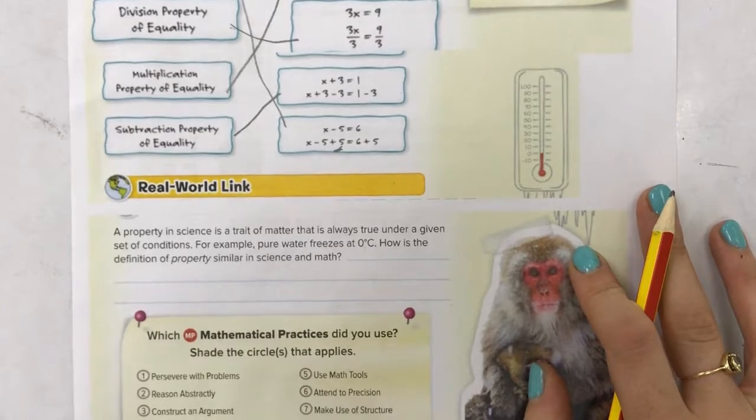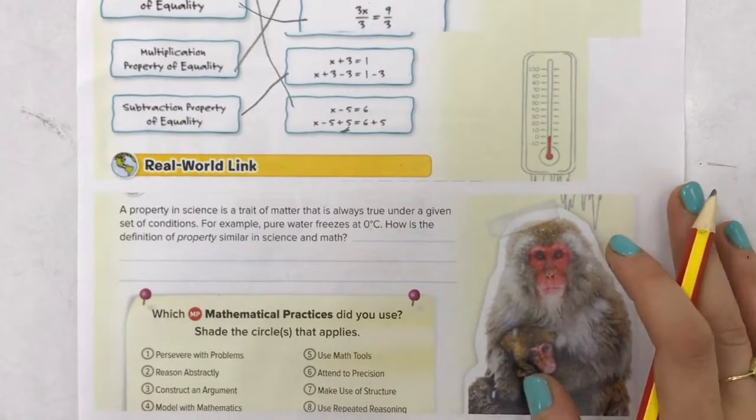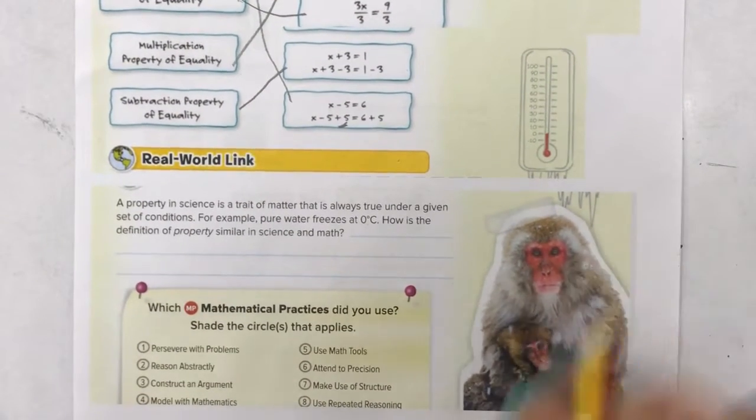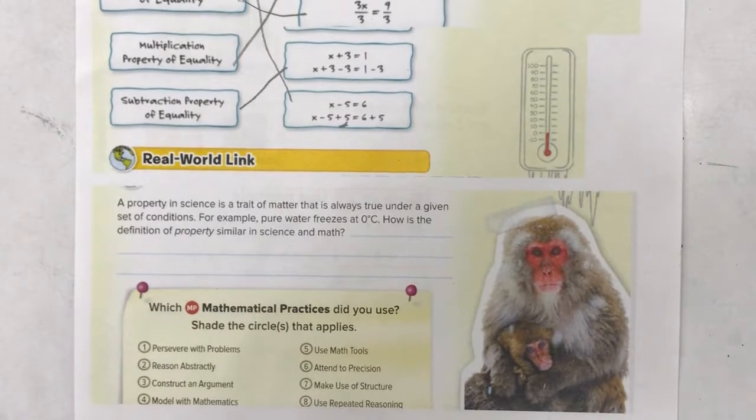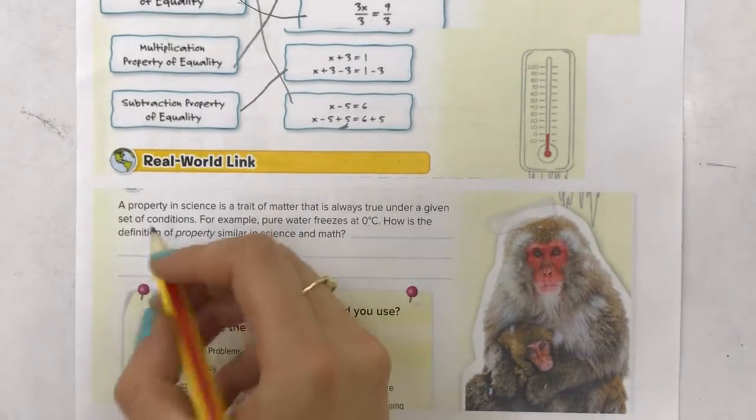A property in science is a trait of matter that is always true under a given set of conditions. For example, pure water freezes at 0 Celsius. How is the definition of property similar in math and science?